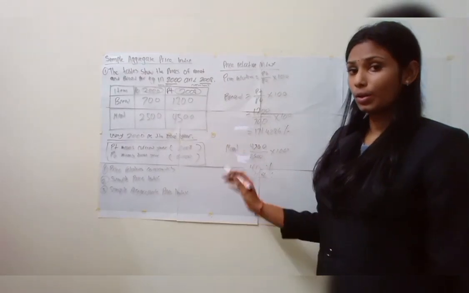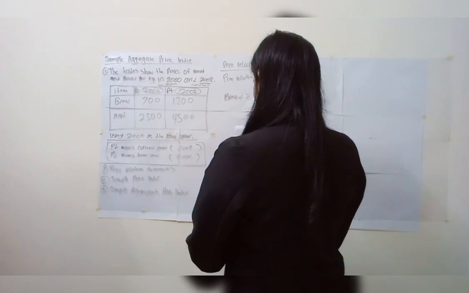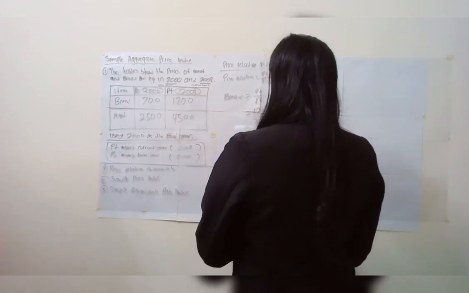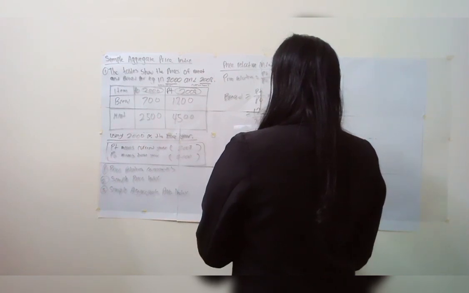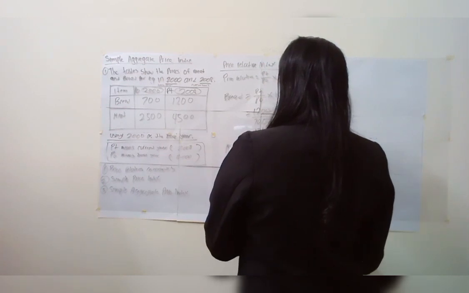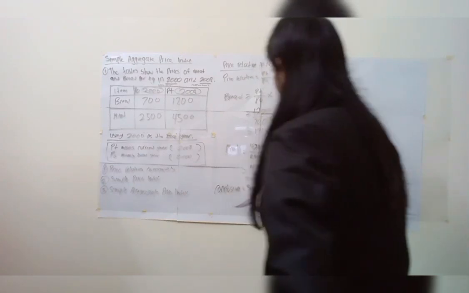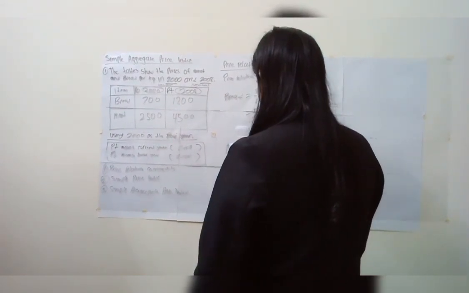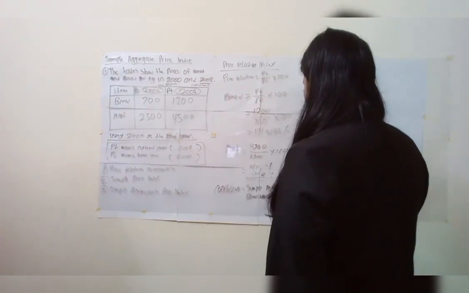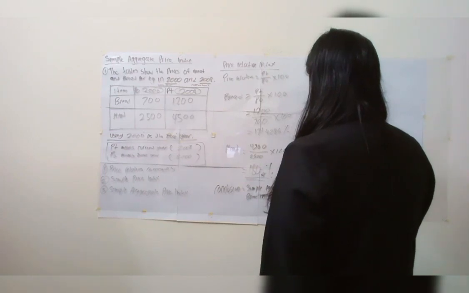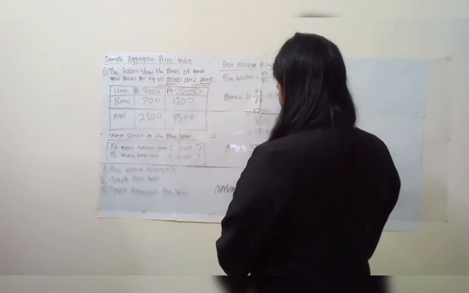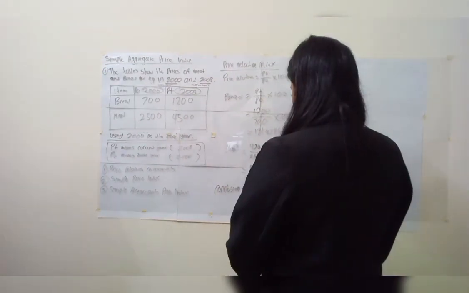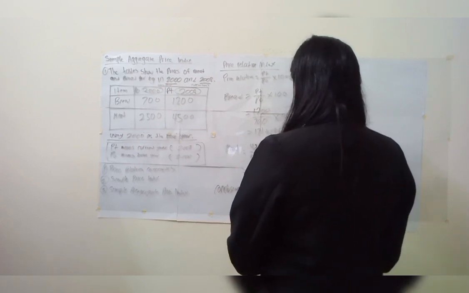Now we conclude. The conclusion is that the simple aggregate price index of bread in 2000 increased by 100% based on 2008.